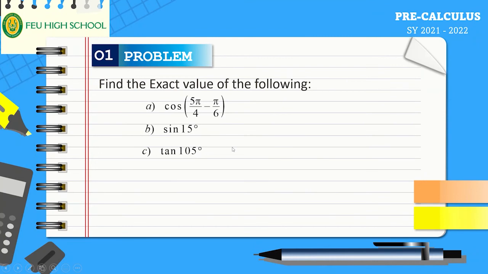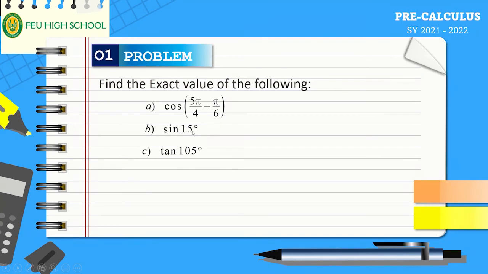So before you pause this video, just to share with you, B and C are examples of what I am saying a while ago. So pag i-check natin yung unit circle natin, wala namang 15 degrees doon. So hindi natin ma-identify yung sine, which is the y coordinate, of sine of 15, I mean.